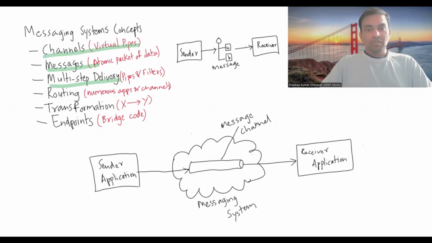For example, if the sender is sending a message and there should be some filter in between, or transformation is required, or any format change is required, and the receiver is expecting a different format than the sender is sending, then those kinds of steps are executed between the sender and receiver by different application components, which we will dig deeper into in the coming sessions. But generally, we call them pipes and filters.